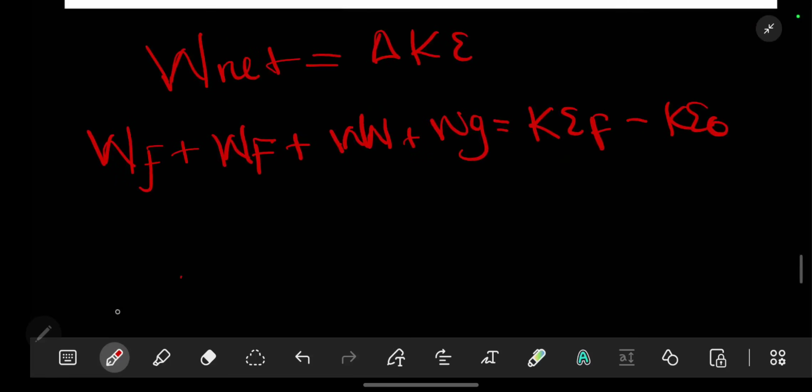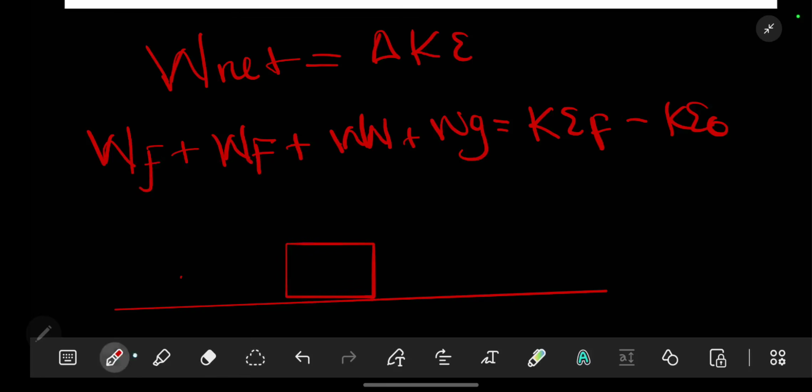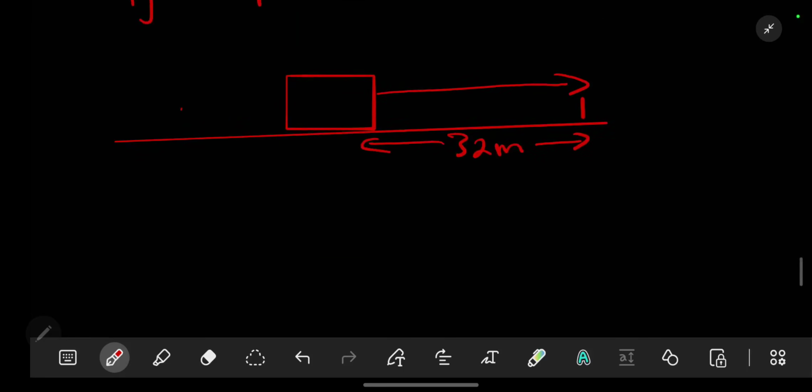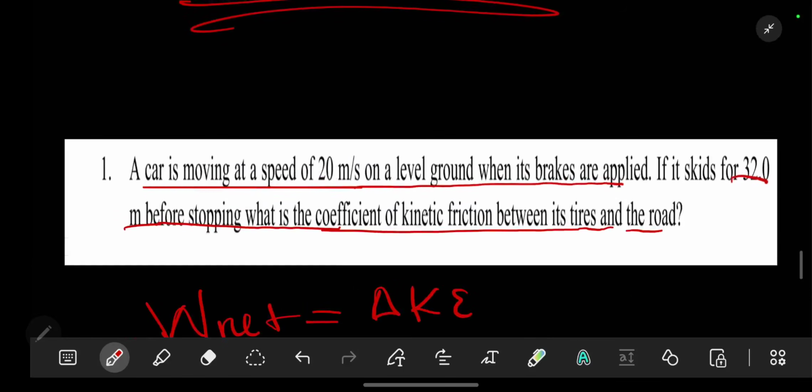Now remember, we have a car like this, and this car is moving in this direction. It travels a distance of 32 meters, like that. Remember there is no applied force, because the only force being applied is the brakes, and these brakes are the ones causing the friction.